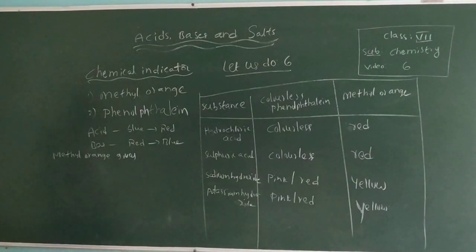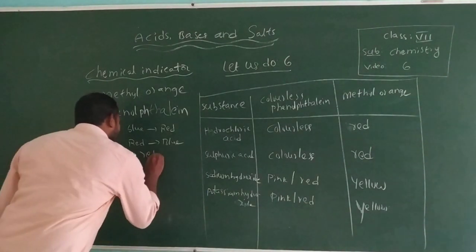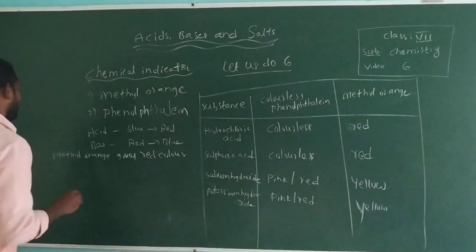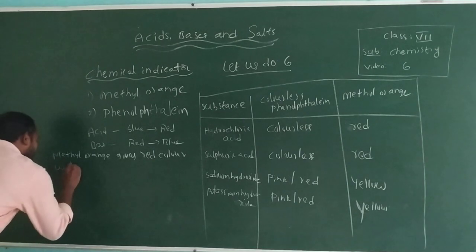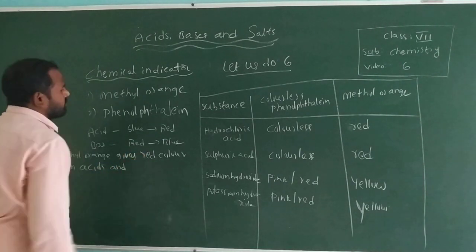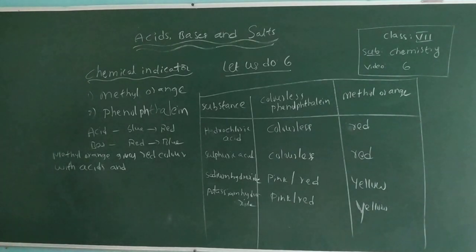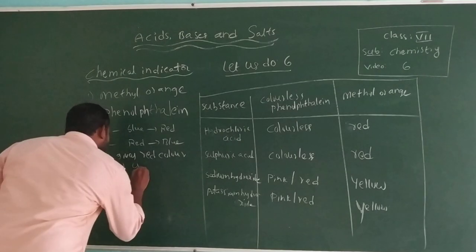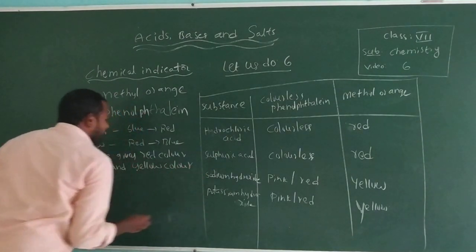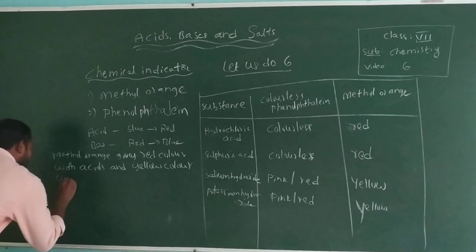Methyl orange gives red color with acids and yellow color with bases.